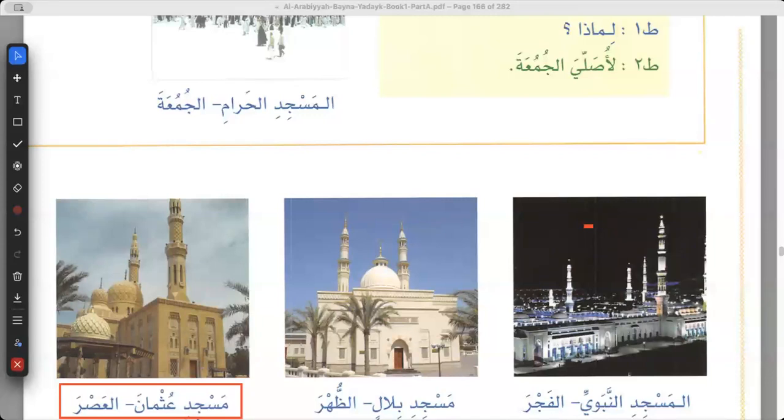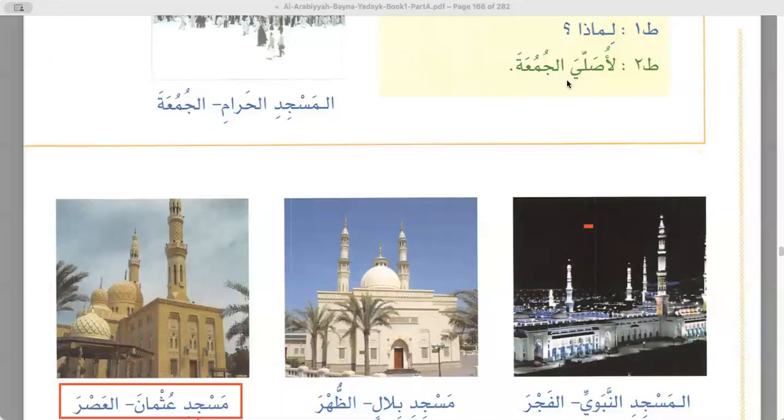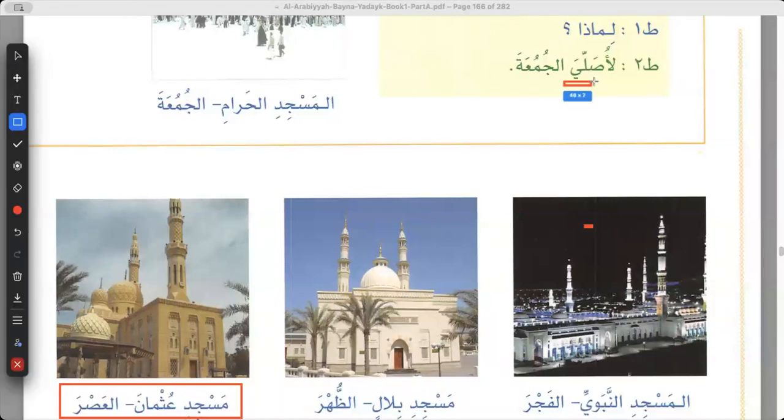What? No, that's not Maghrib. Look at it very well. Fajr. Al-Asra. Asra. Al-Asra. Yeah. To pray Asr.